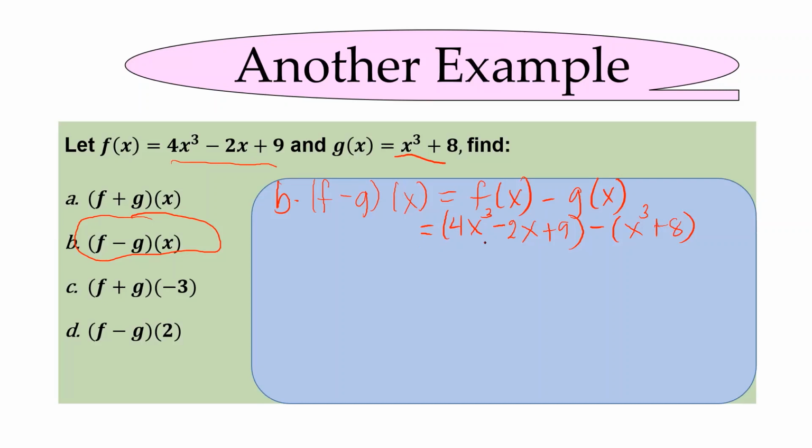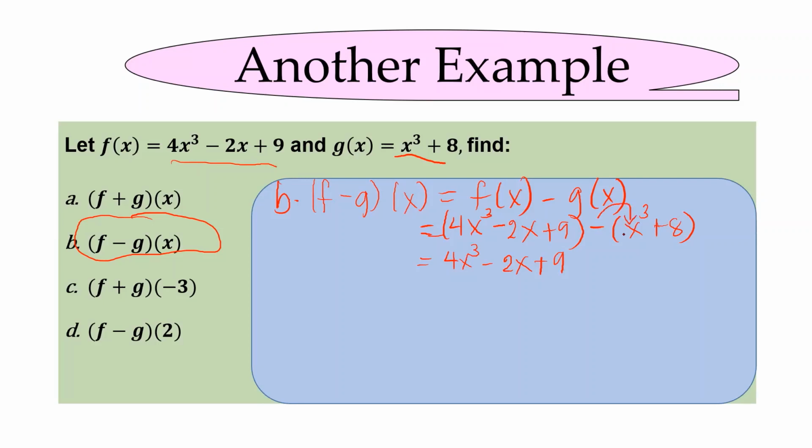And, of course, the next step is to remove the parentheses. Since wala po tayong ma-multiply dito kasi walang number, you have to directly bring down 4x cubed minus 2x plus 9.